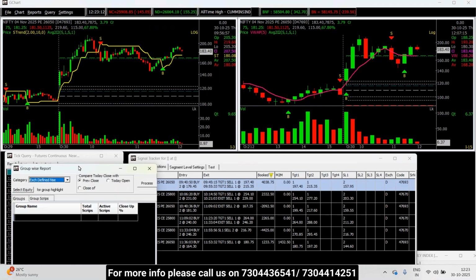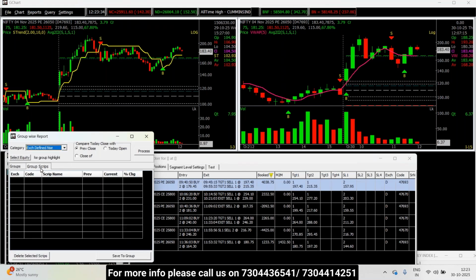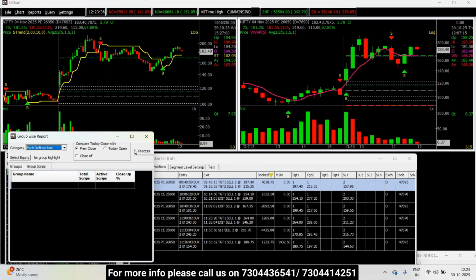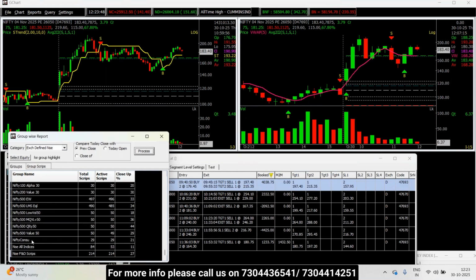So this is the group wise report. In this group wise report, you can see there are different indices from Nifty 50, Bank Nifty, to Nifty all indices and Nifty Pharma, Nifty IT.